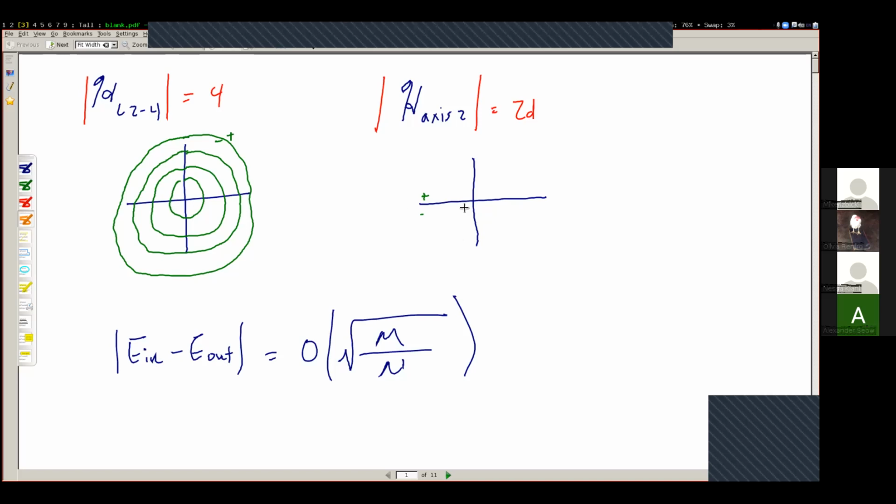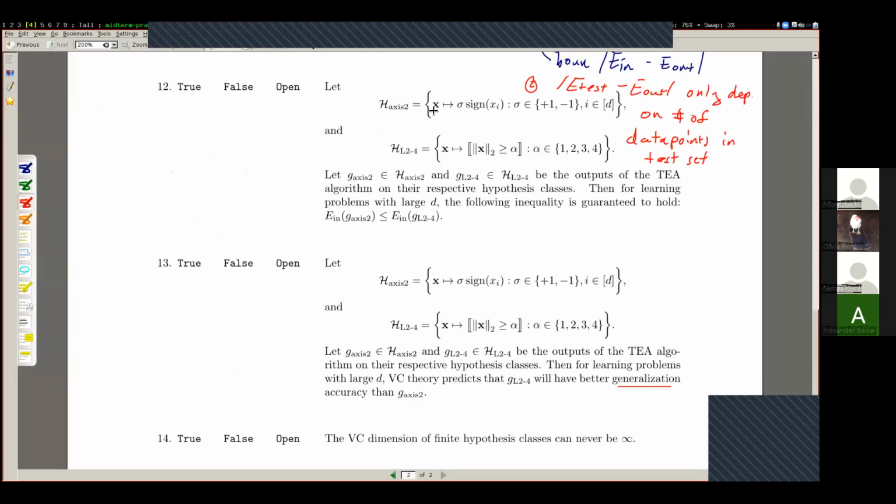Yes. Could you explain why the size of H sub 2 is 2D? So the question is, why is this equal to 2D for the H sub 2 hypothesis class? If we come back over to the question, here's the definition of H sub 2. This notation is called set builder notation, and the corresponding thing in Python is the list comprehension notation.